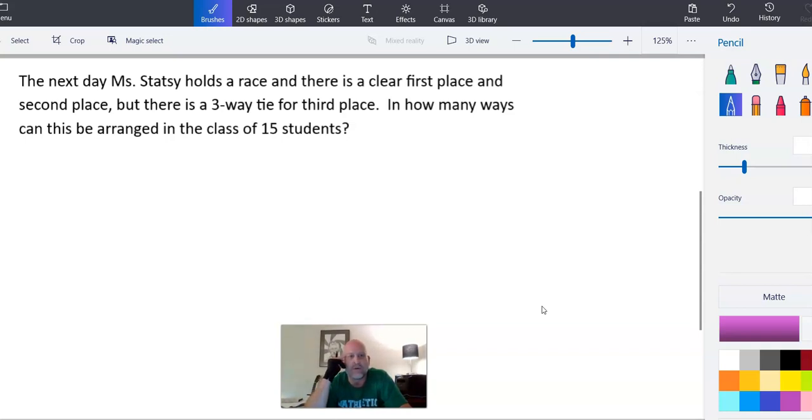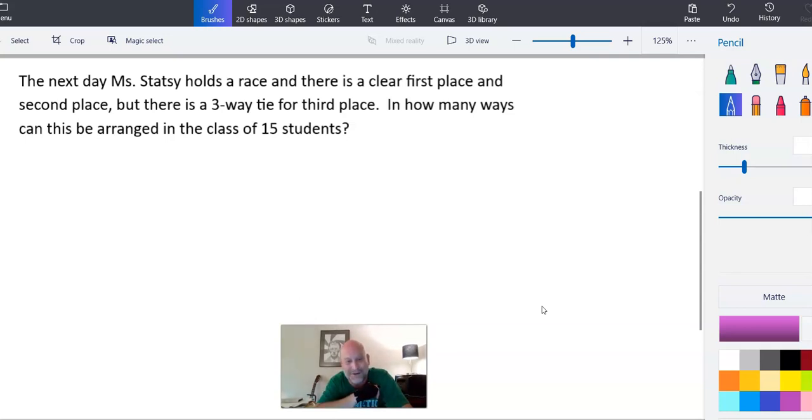So she holds a race, and there's a clear first place and second place, but there's a 3-way tie for 3rd place. How many ways can this happen in a class of 15 students? So there's a couple of different things that happen here. There's actually several different ways to look at it.